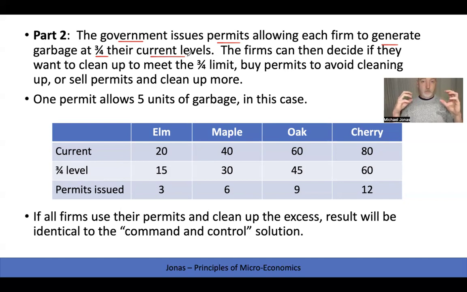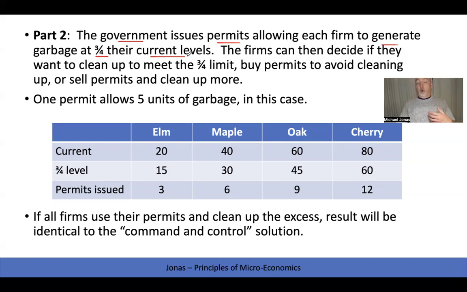They can kind of stick with what they have, clean up the 25%, keep the permits that allow them to emit the remaining 75% of the pollution, and that would be basically the previous solution that we saw. Or they can buy additional permits to avoid cleaning up units of pollution, or they can sell permits that they have, and use the revenue to cover their costs of cleaning up more units, right?